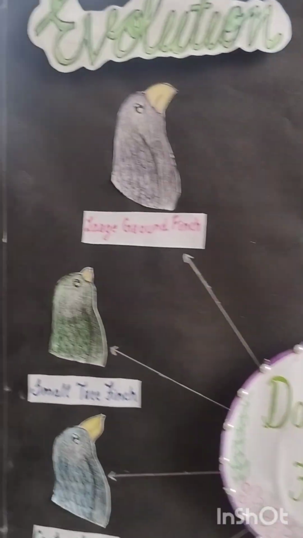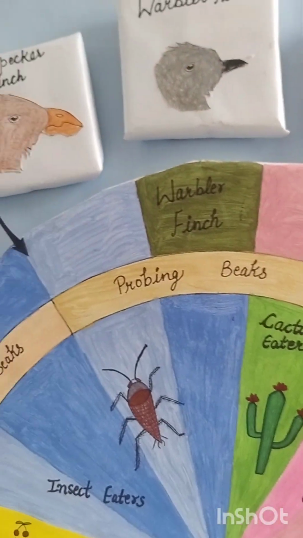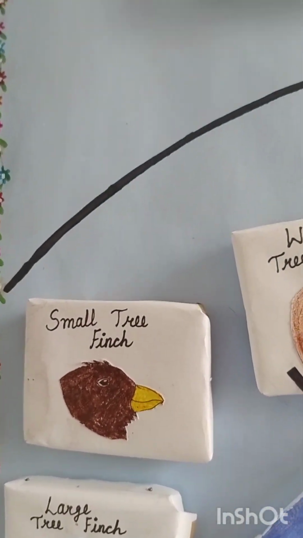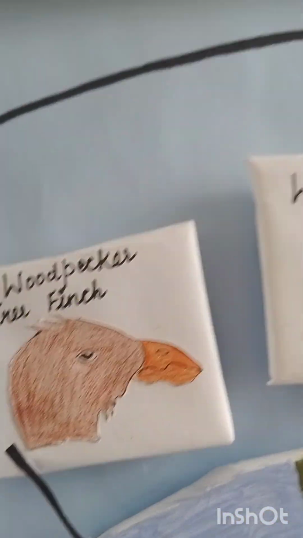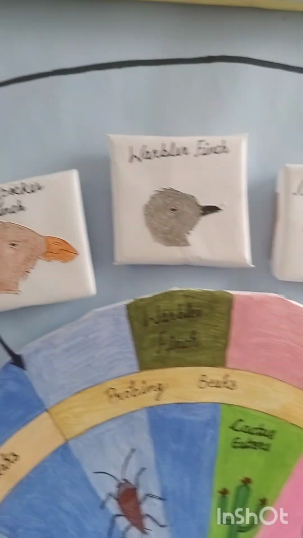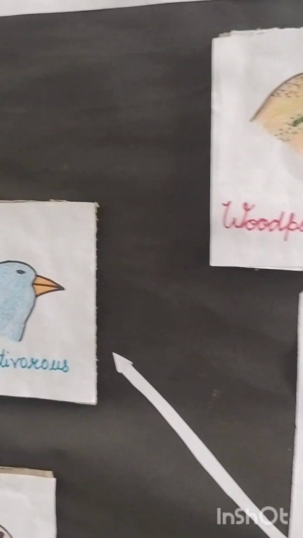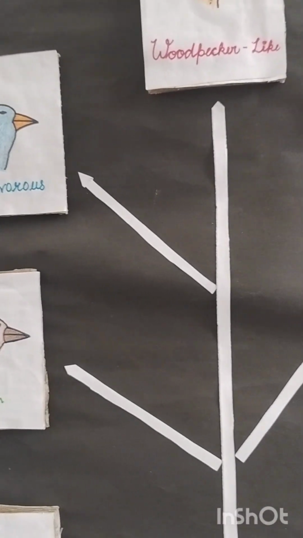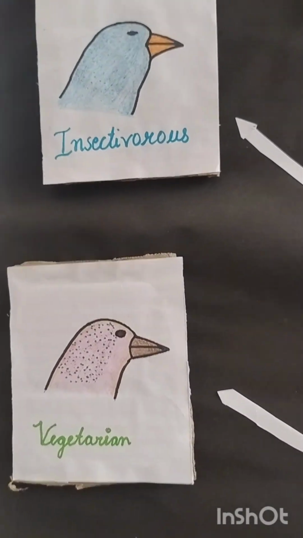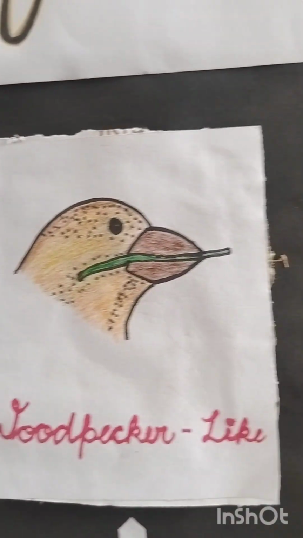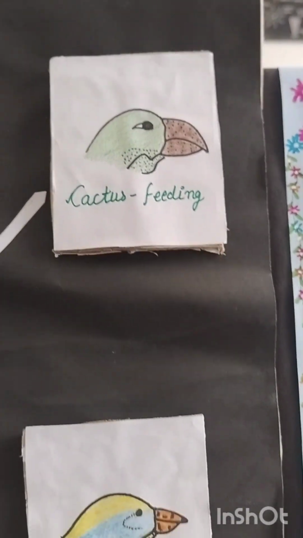This one is another Darwin's finches, beautifully pasted, showing a map also, different types of beaks, and then the map. Again, this one was prepared by a student in the form of tree finches, then vegetarian, insectivorous, woodpecker, cactus, and then warbler.